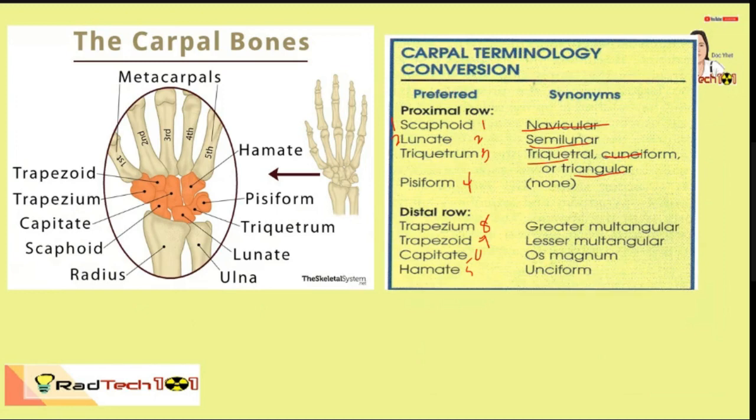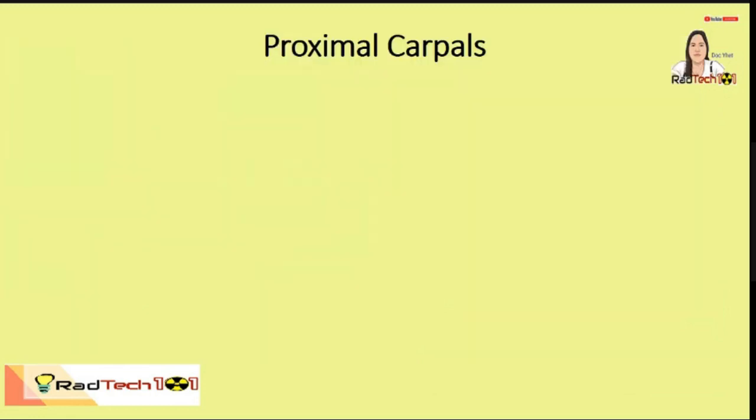Wala siyang ibang name, ang pisiform. Then for the trapezium, greater multangular, trapezoid, lesser multangular, capitate is your os magnum, and hamate, the other term for unciform.